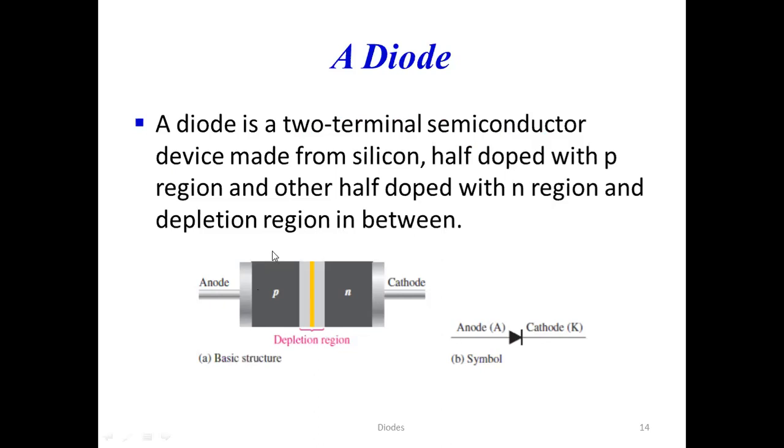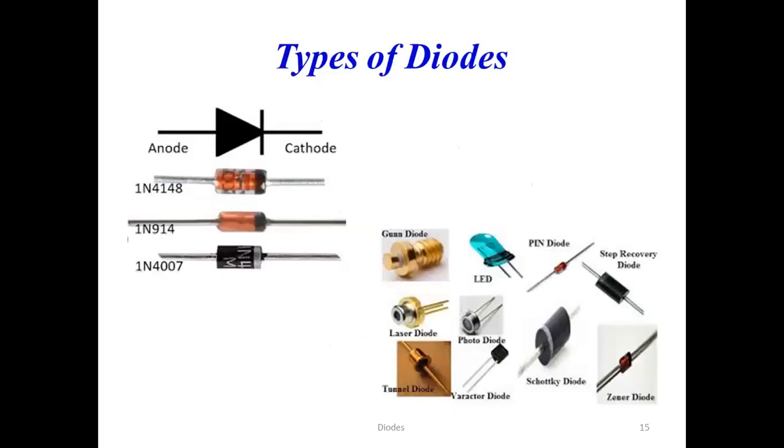So, two terminals. The terminal which is connected to the P region is known as the anode, and the terminal which is connected to the N region is known as the cathode. And this is the symbol of a diode. One small triangle along with this ring is the symbol of a diode. Now, students, these are the different types of diodes.